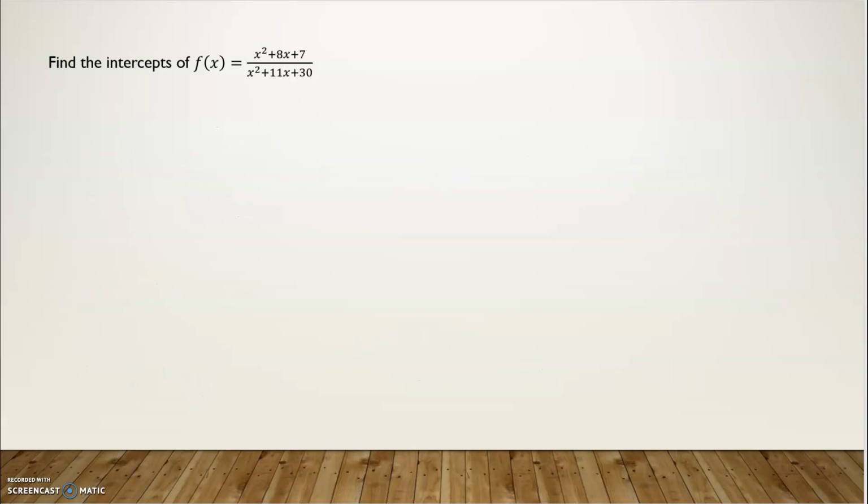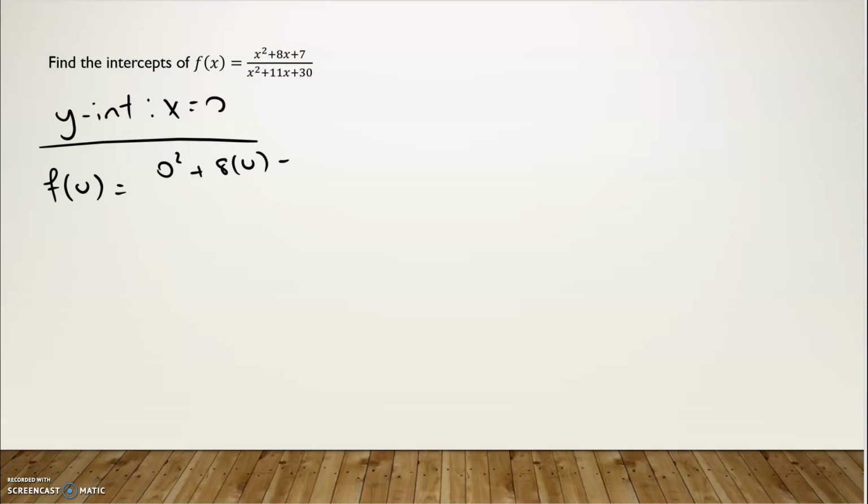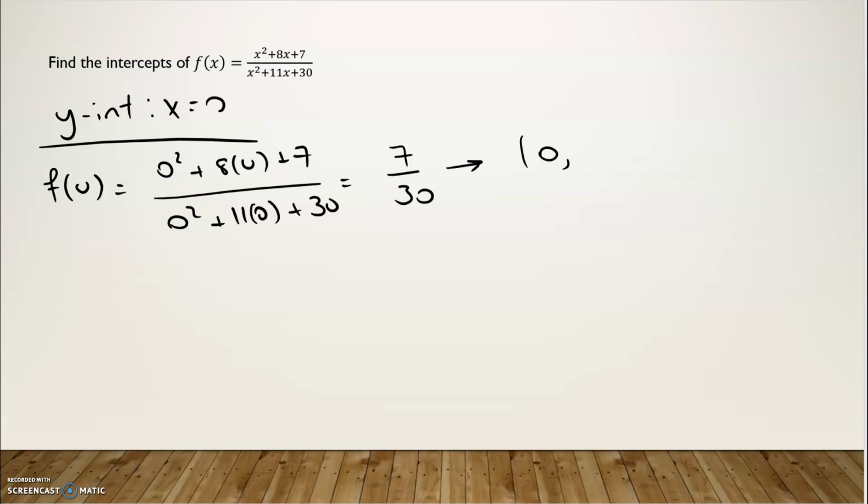Okay, now let's look at this one right here. So I'm going to go ahead and find the y-intercept. So f of 0 is equal to 0 squared plus 8 times 0 plus 7 over 0 squared plus 11 times 0 plus 30. So that will give us 7 over 30. So that will be 0, 7 over 30 for our y-intercept.